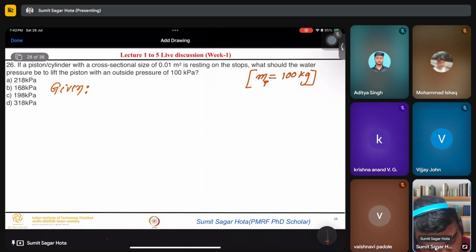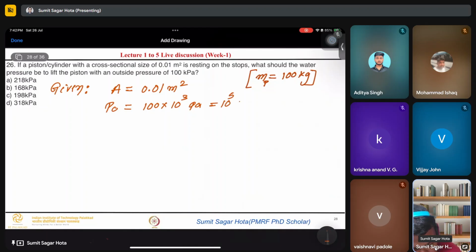So here the area is given, A equal to 0.01 meter square. P naught is the outside pressure, you can write, 100 into 10 to the power 3 Pascal, which is equal to 10 to the power 5 Pascal.